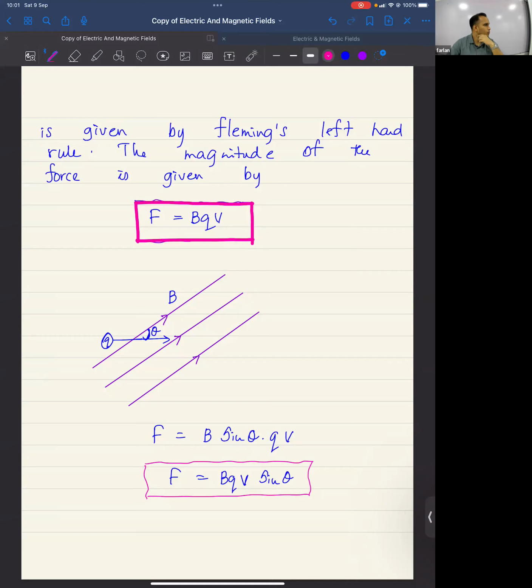F equals BQV, right? Actually, based on that, you can derive this one, but not necessarily.